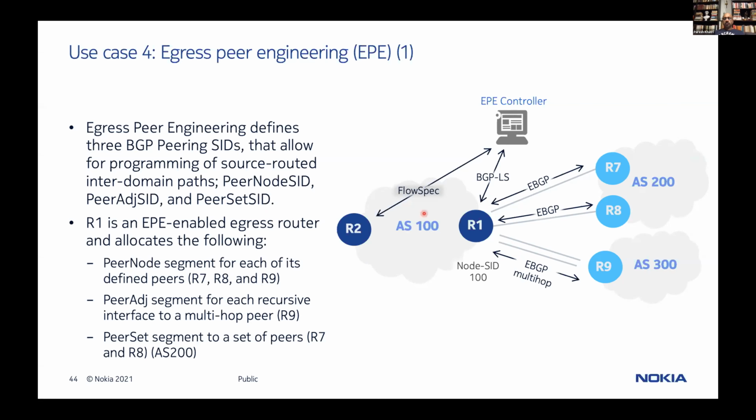So what we would have now is a peer node SID for R7, R8, and R9. We'll have peer adjacency SIDs for these two links. And we'll have a peer set SID that goes across R7 and R8. So it's a collective SID for the two peers that we have in AS200.